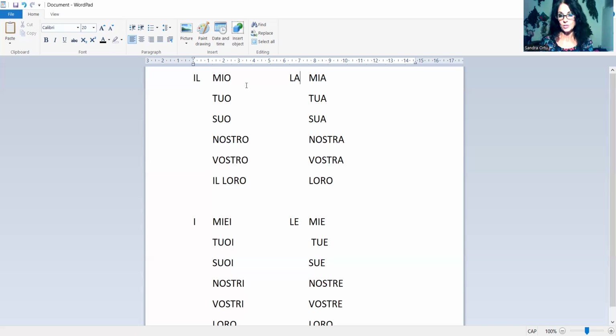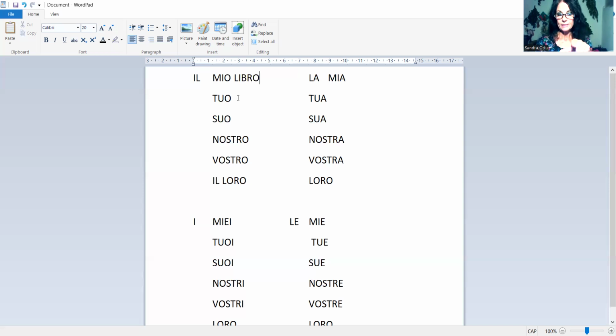So if the object we own is, let's say, a book, libro, which is masculine, all these are masculine because they are agreeing with libro. So we can say il mio, I'm going to write it here. Il mio libro, my book.